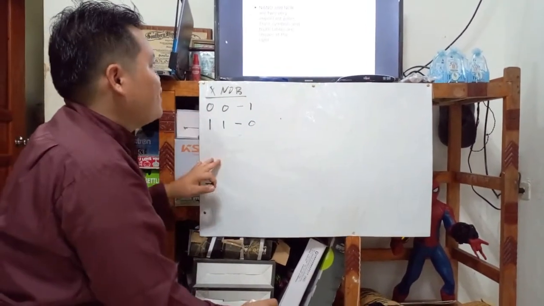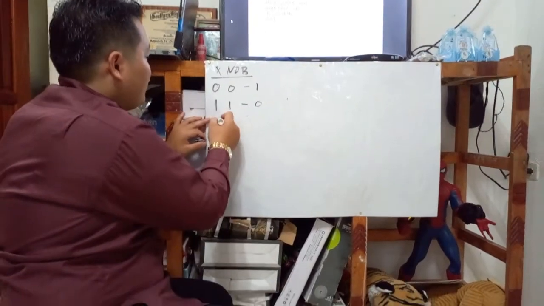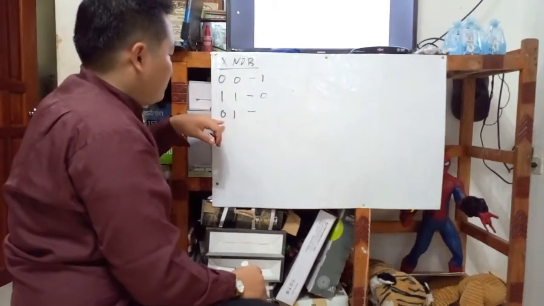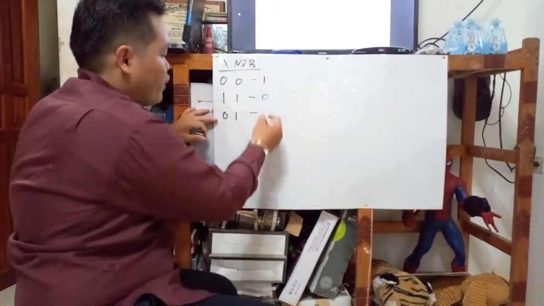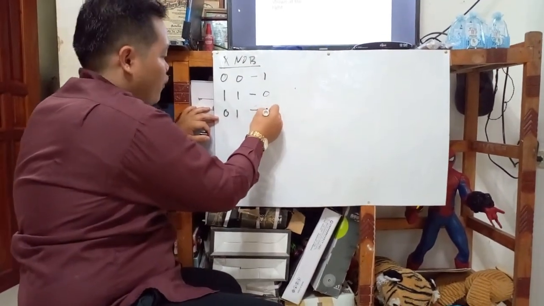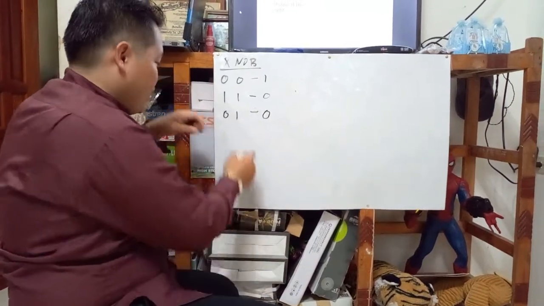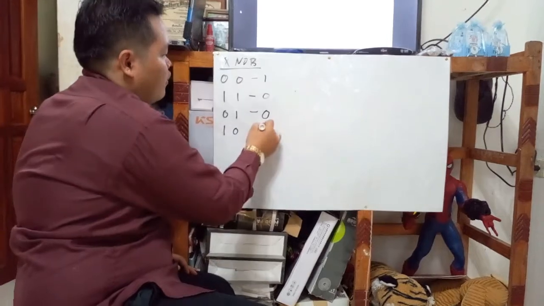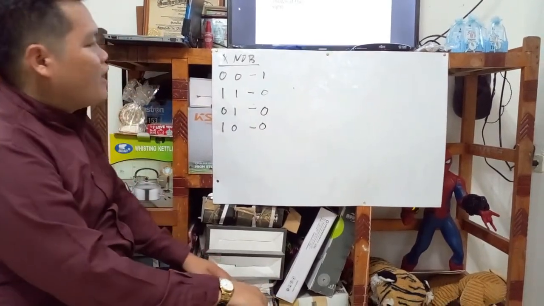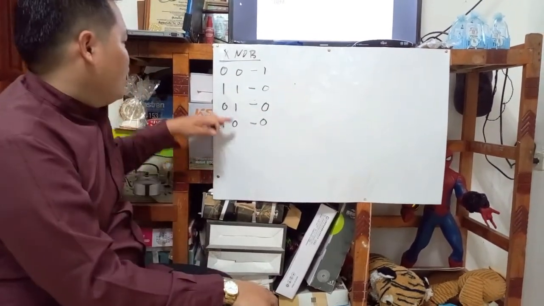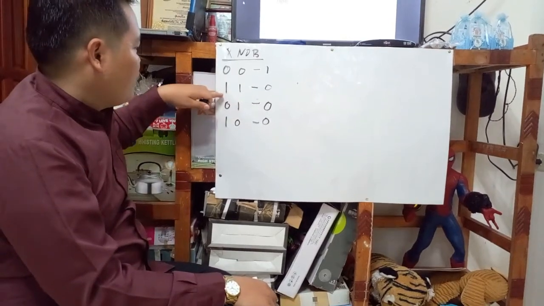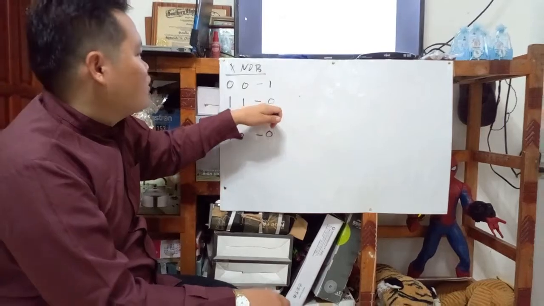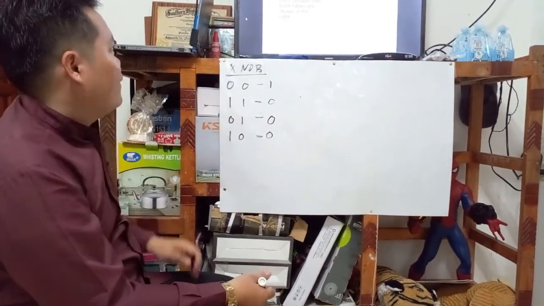If ang imong gi-input is not the same, one is false, one is true, your answer will be false. So gi-reverse siya sa XOR. Sa XOR is one man to if ang imong gi-input is not the same, so mahimo siyang false. So balik na siya sa imong XNOR.